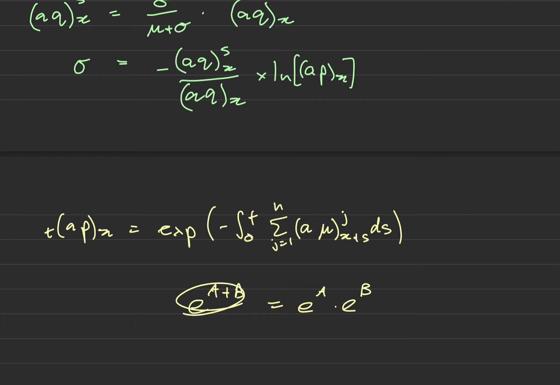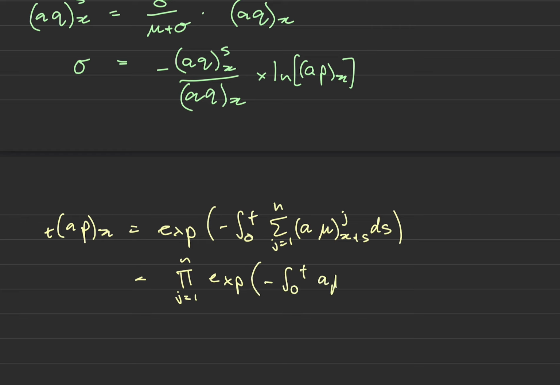So the exponent of a sum is equal to the product of exponents. Now what that means is I can take this to be the product from j equals 1 to n of the exponent of negative integral 0 to t of mu x plus s superscript j ds, with the j up there still. Okay.